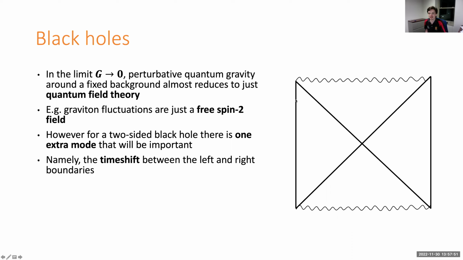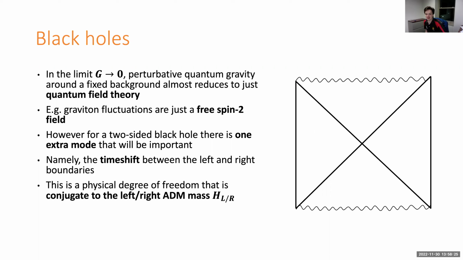So if you start at boundary time 0 up here, and then head straight through the black hole, pass through the bifurcation surface, and come out the other side, you won't necessarily end at boundary time 0 on the right. You'll end up at some other time. The difference between the two times is the time shift. It's some physical additional mode that you can include in your Hilbert space, that with the background is still just a black hole, but it's this extra large gauge transformation degree of freedom.